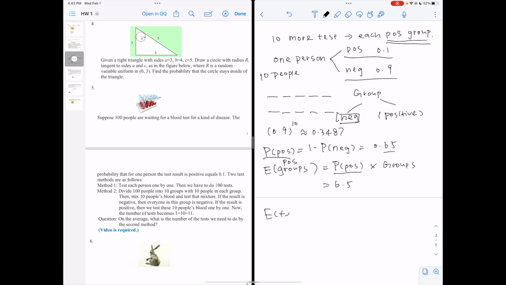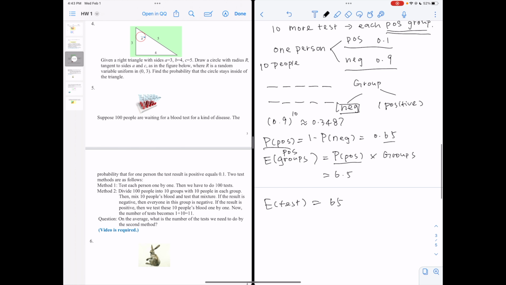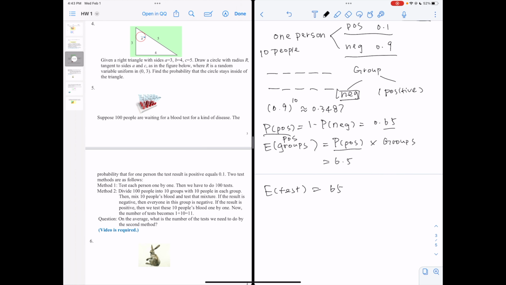So the expectation of the second round of tests would be the number of positive groups times 10, which is 65. And then we'll have to include the 10 initial tests, and that gives us 75 tests.